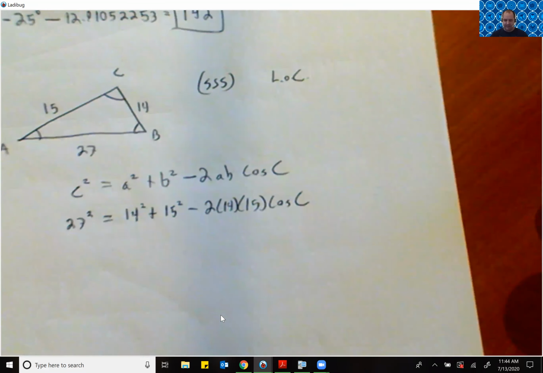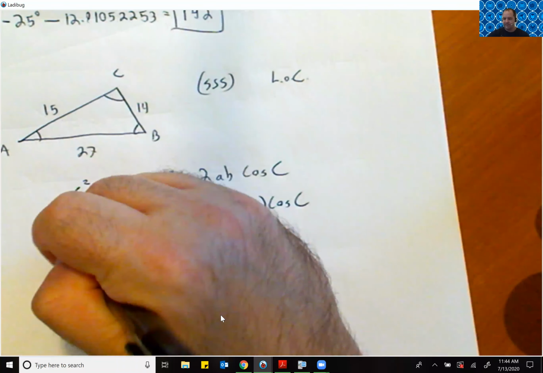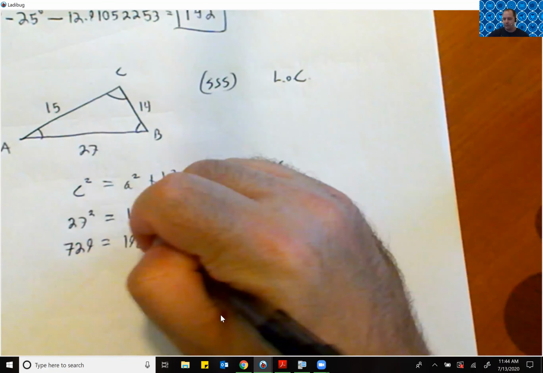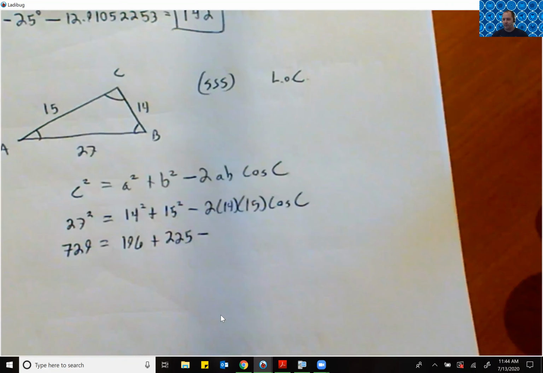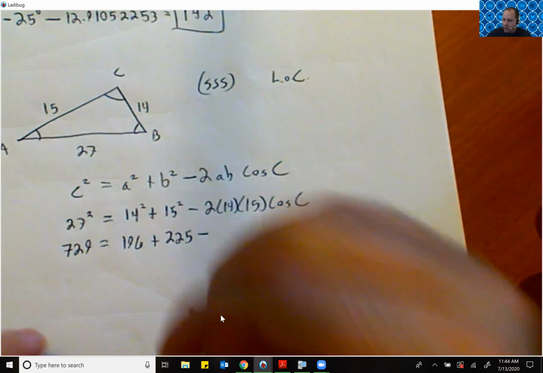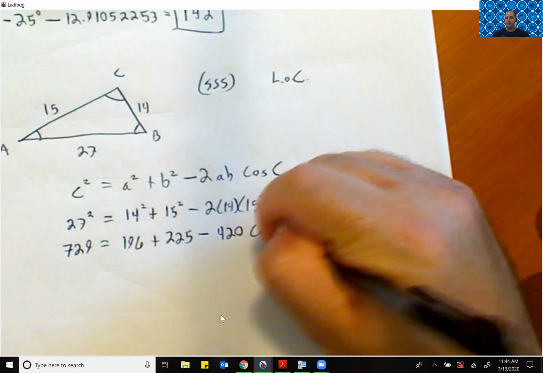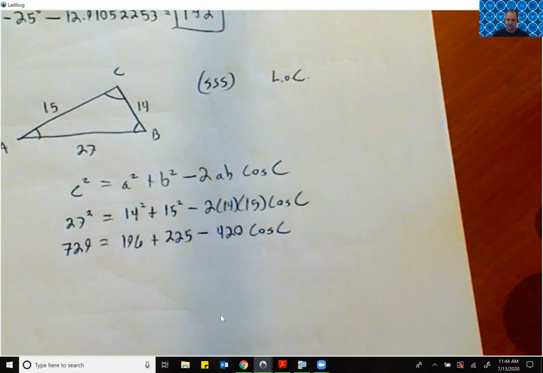So just using my calculator, I'm not going to bore you with punching it in. So 729, 14 squared is 196, plus 15 squared, which is 225. Minus, well, we can figure this part out real quick right here. So 2 times 14 times 15, sorry, had an extra number there. So this is 420 cosine C. So first things first, I'd combine these two together, 196 plus 225.